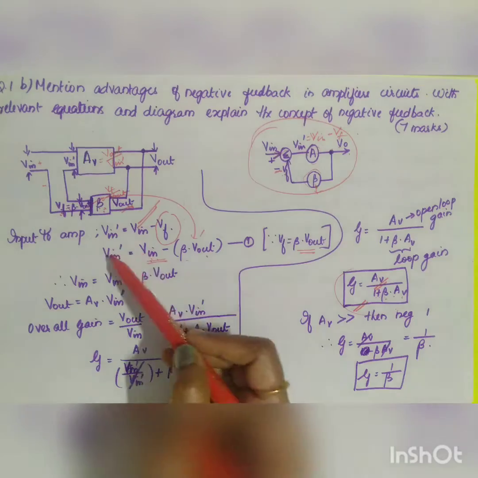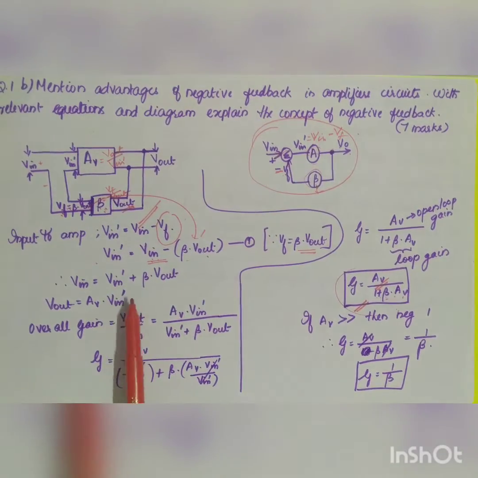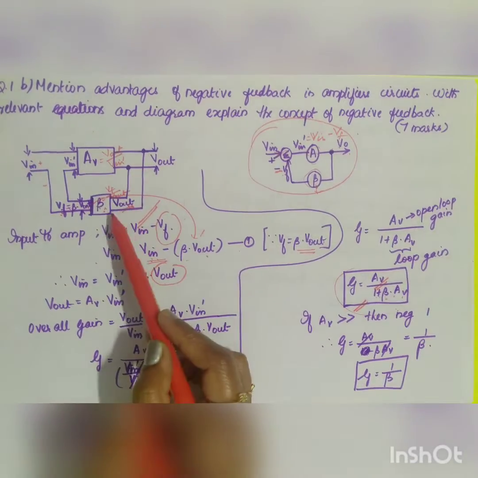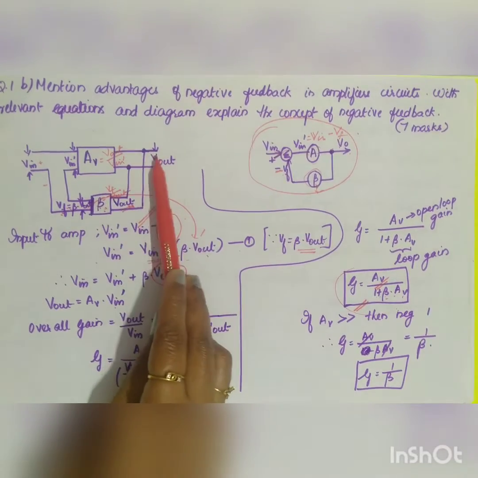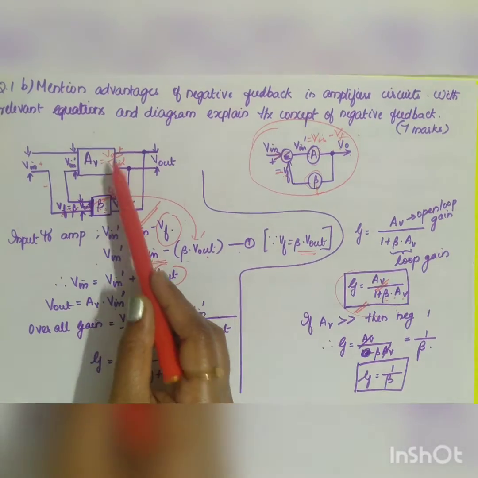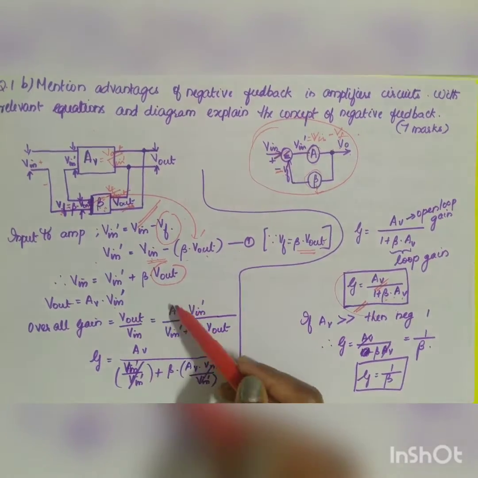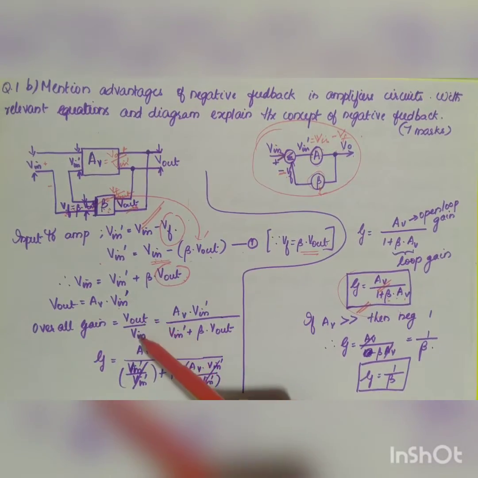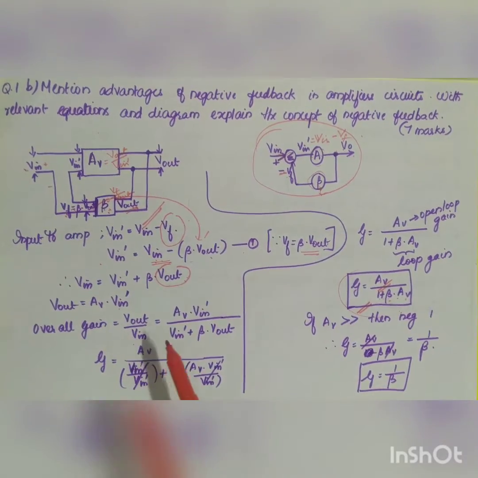From this, can you find out the value for V in? V in is equal to, bring this towards this side, so V in dash plus beta into V out. But you know what is your V out? V out is equal to AV into V in dash, right? So can you substitute the value for V out? Now your overall gain is equal to V out divided by the source voltage V in, right?